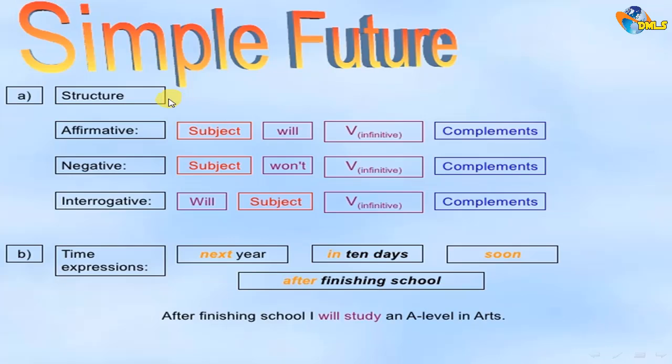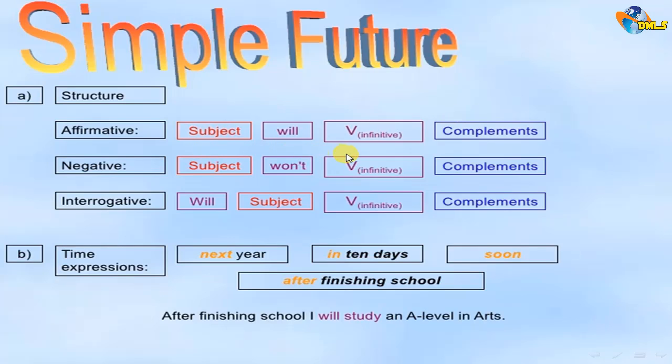Simple future, structure: subject, will, verb in the infinitive form, complement. Negative: subject, won't, verb, complement. Question: will, subject, verb, complement. Okay, so in the affirmative case, I will do my homework.